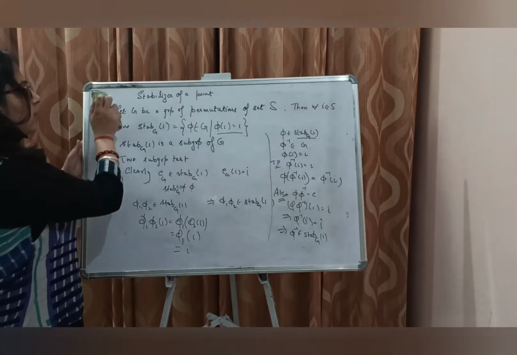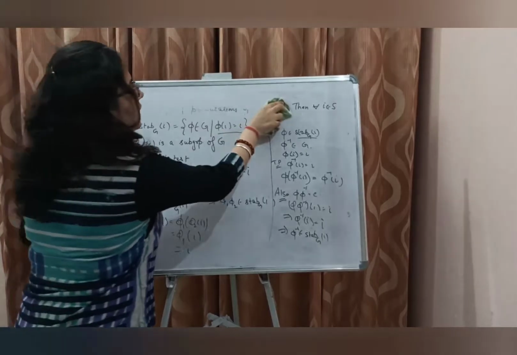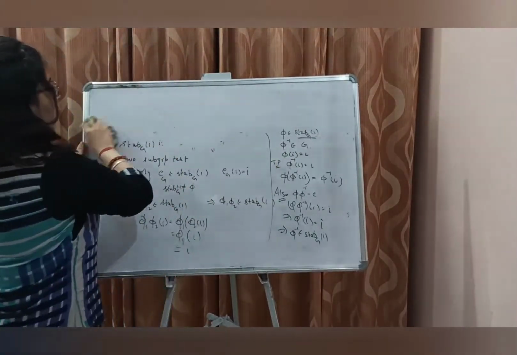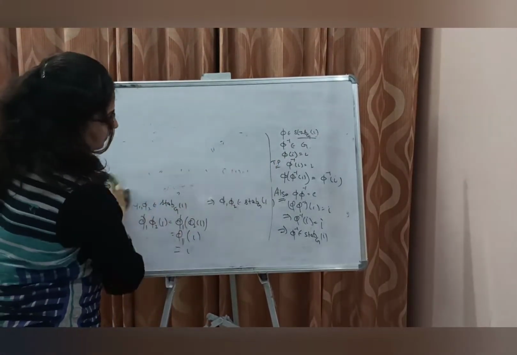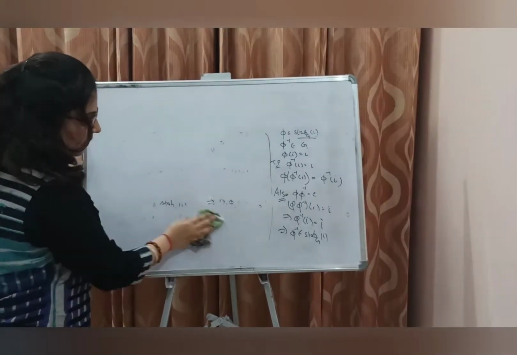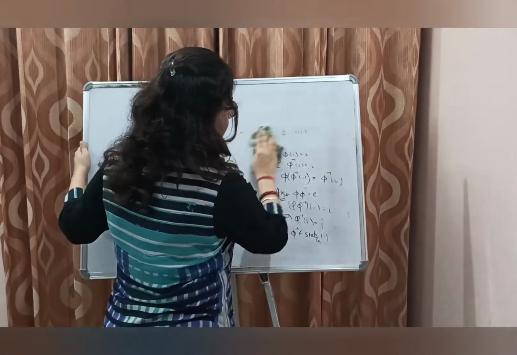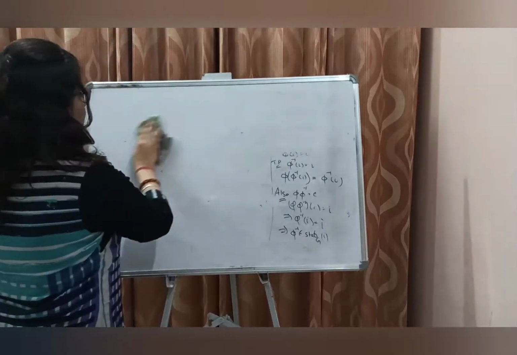We move on to the next definition, which is the orbit of a point, and then we will take up one example where we will calculate these stabilizers and orbits.